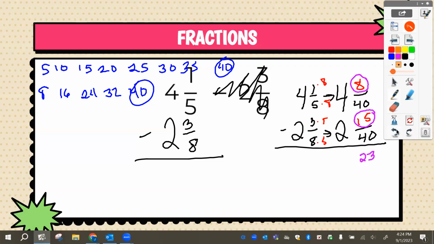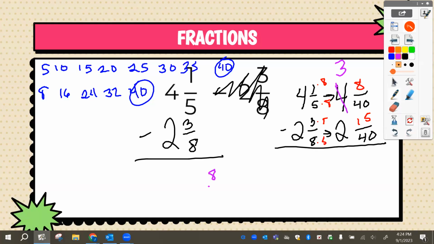So let's try that again. See, even teachers make mistakes. We're going to take 8/40ths and subtract 15. Well, if I have $8, I cannot spend 15. So I'm going to have to borrow. So I'm going to take away a whole from this 4, and that becomes a 3.